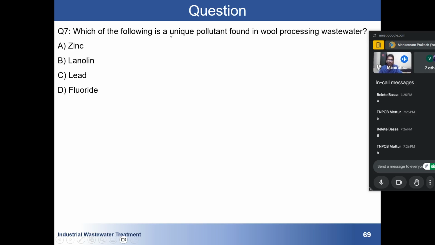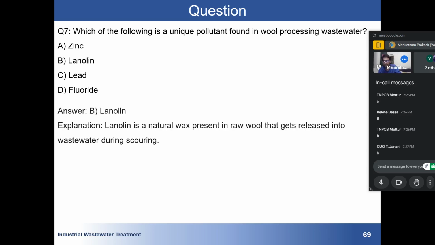Which of these is a unique pollutant in wool processing wastewater? B. Yes, wool wax is a natural wax present in raw wool that gets released into wastewater during scouring.